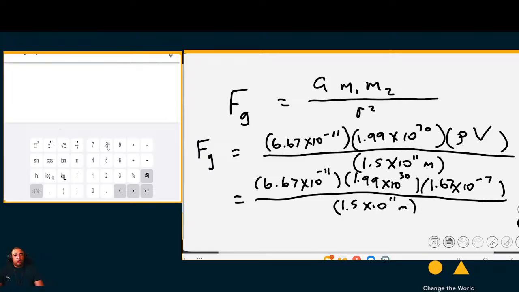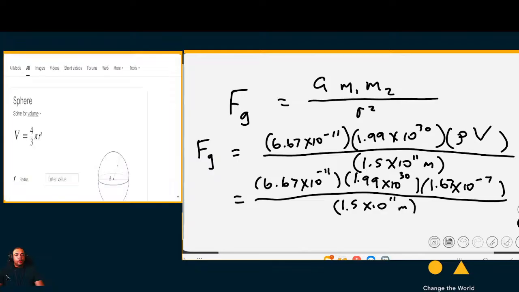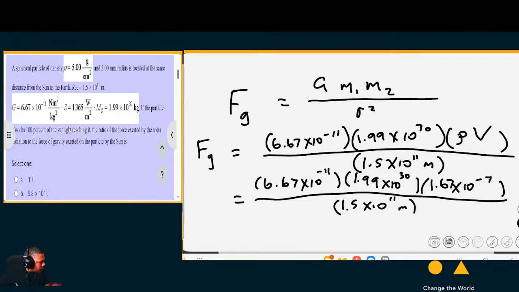Let's see if GeoGebra has a better quality calculator. Okay, here we go. So we have on top, let me just do it like that.